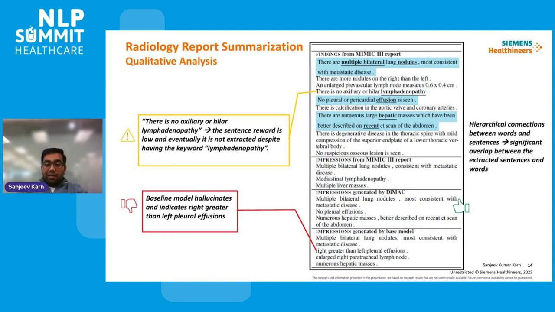So here the baseline system selected four sentences and then rewrote those as a summary. And we observed over the entire test set that the baseline system tends to select more sentences and has a better recall, though it suffers from precision.